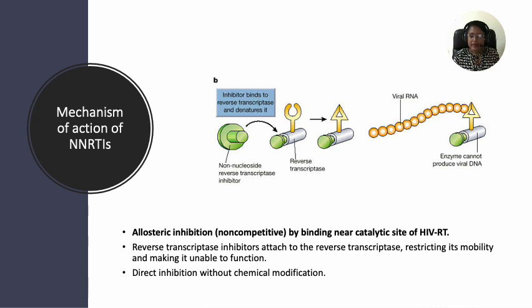Binding at this site is at an allosteric position. Unlike the NRTIs, these NNRTIs don't compete with nucleoside triphosphorylation and they don't require phosphorylation, as I mentioned before. So let's look at each of the agents quickly.